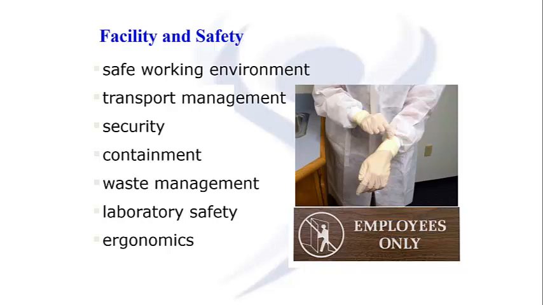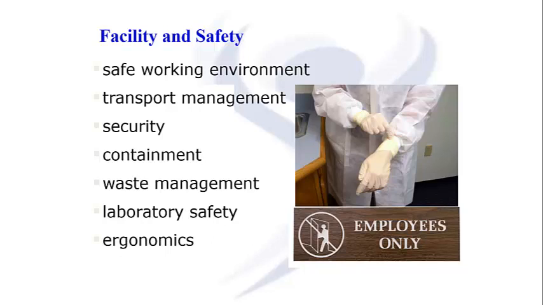These include security, which is the process of preventing unwanted risks and hazards from entering the laboratory space. Containment, which seeks to minimize risks and prevent hazards from leaving the laboratory space and causing harm to the community.